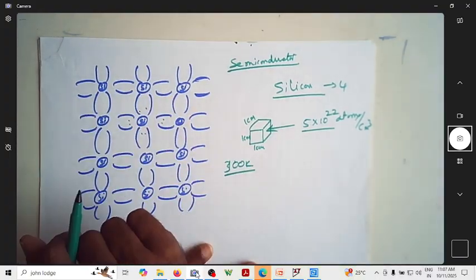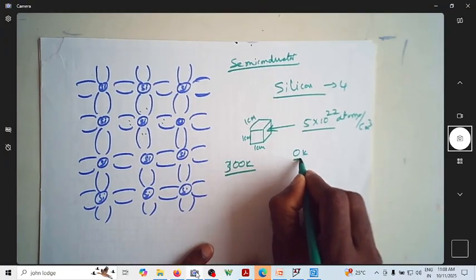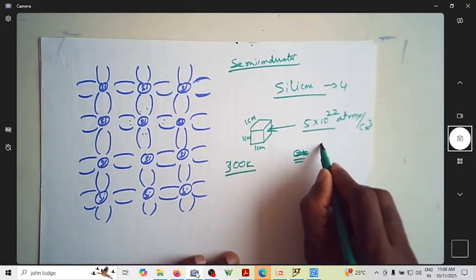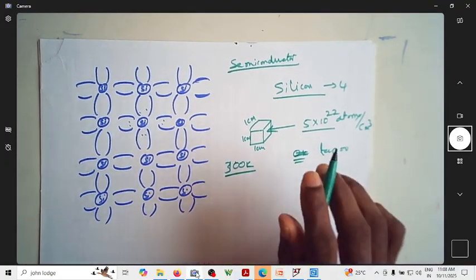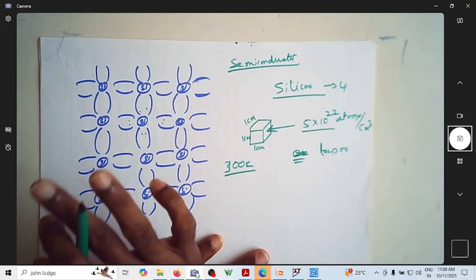All the covalent bonds will be intact at 0 Kelvin. So when the temperature is 0, it is intact; not a single covalent bond is broken.